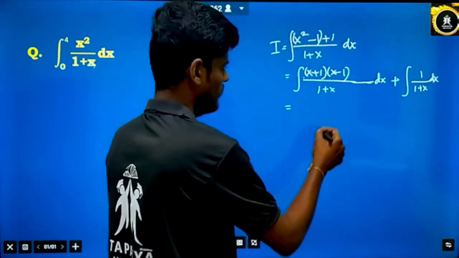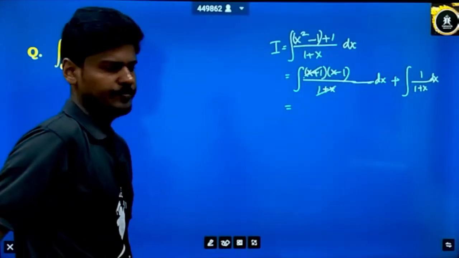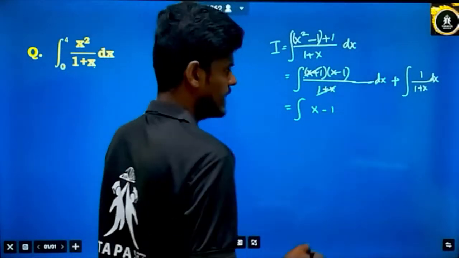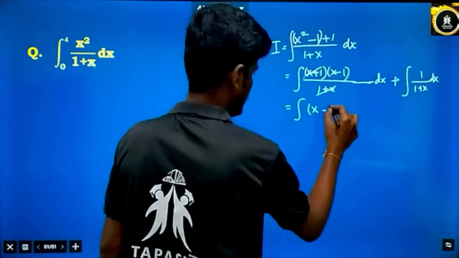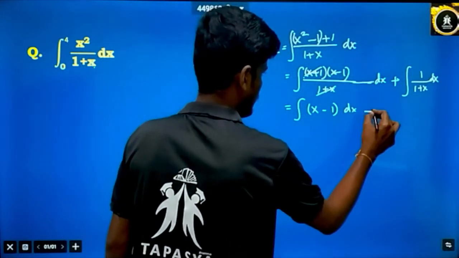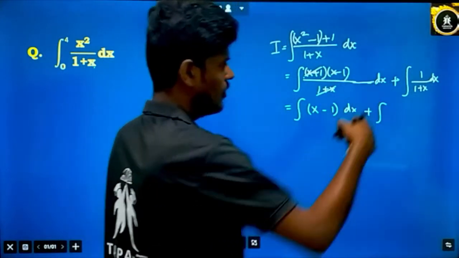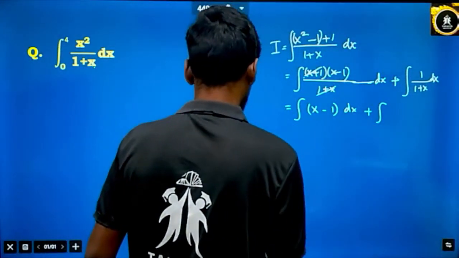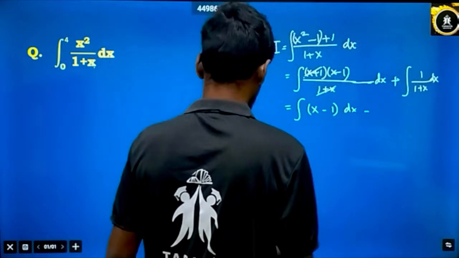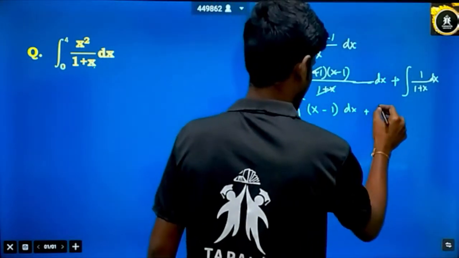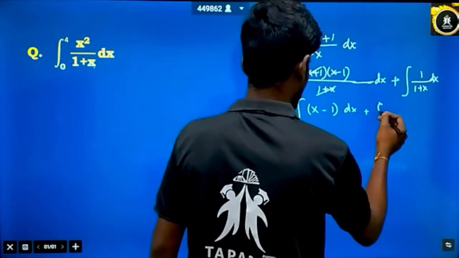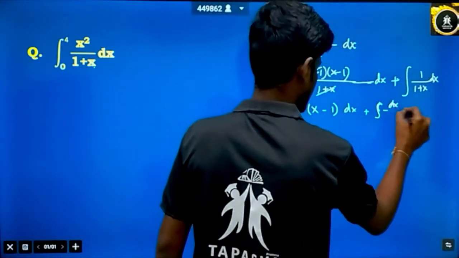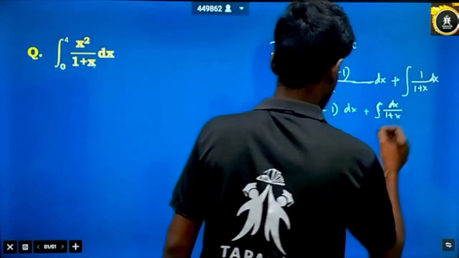Then 1 plus x will get cancelled out. Then this is nothing but integral of x minus 1 dx plus integral of 1 by 1 plus x, which is log of 1 plus x. We will write this first as an integral and then evaluate in the next step.